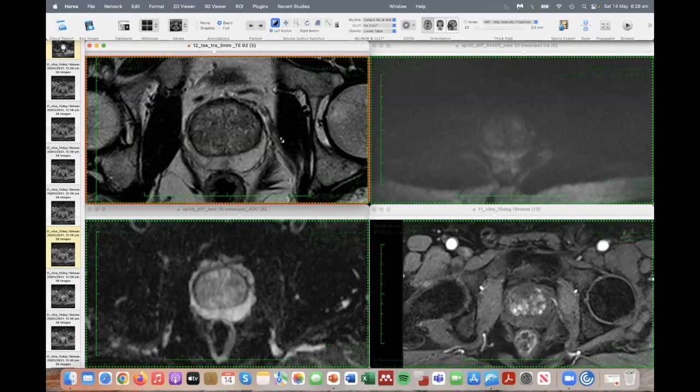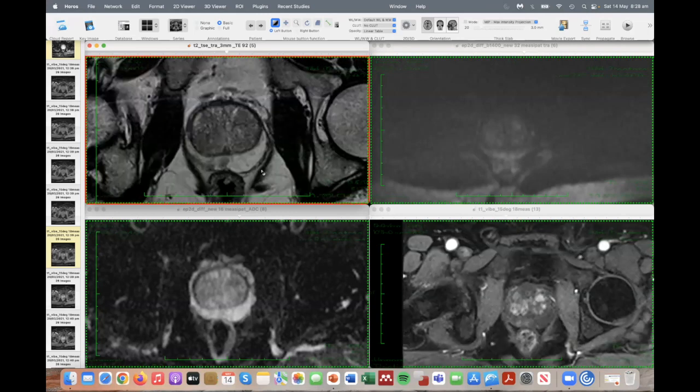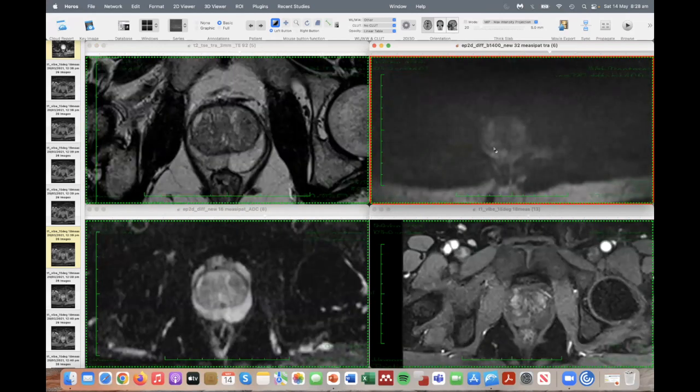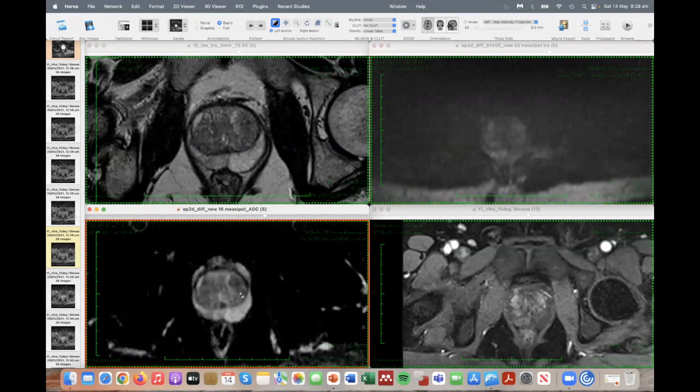So, okay, on the second MR, we can see now that we have 2 discrete lesions in the peripheral zone, 1 at midline and 1 at 8 o'clock. If we have a closer look at the high B value sequences, we can now see 2 lesions here, characterized also by hypointensity on the ADC map.